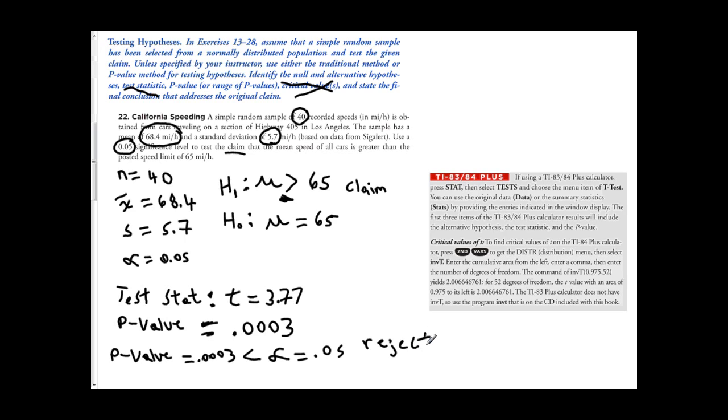What that means is, since we're rejecting the null hypothesis, we're saying the null hypothesis is not true, and we actually have enough information to support our claim.